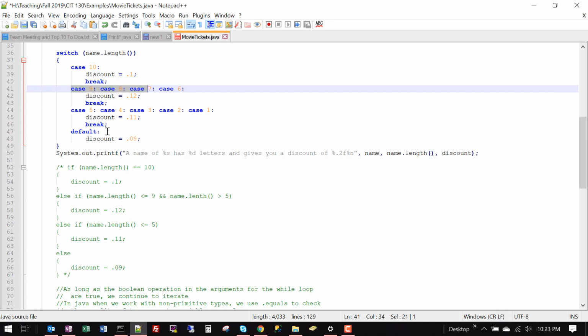But the main thing I wanted to show you as I pared that down was the fact that cases that yield the same result can be chained in this way. And they can be on their own line or all on one line. This is one of those places where you'll often see it on one line because it's very, very neat and clean.